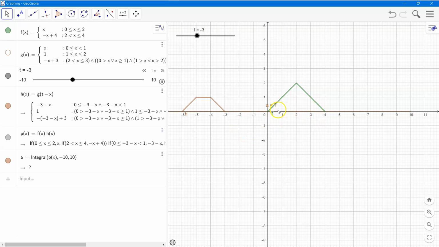Why is that? Because f of x is 0 at every other place except between 0 and 4, or we can say it is undefined. So it is treated as 0 and the product becomes 0. So the third curve goes to 0, and the integral is 0.